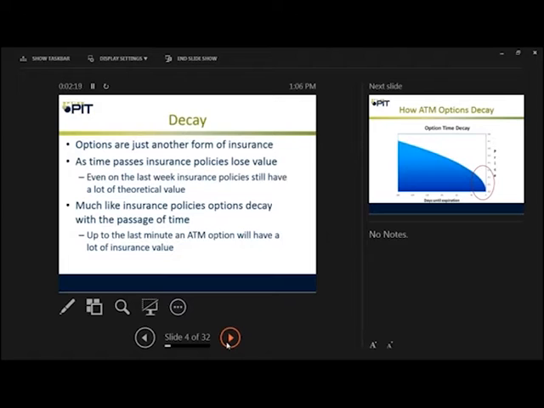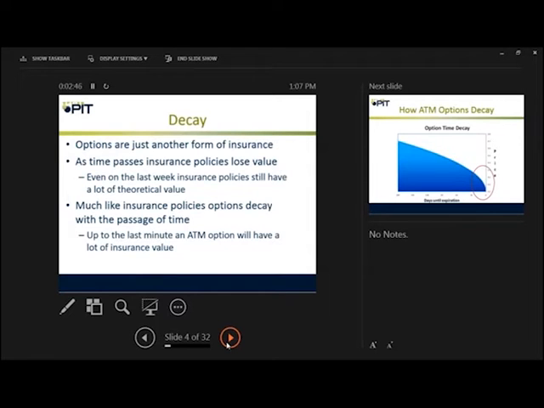Options are just another form of insurance. As time passes, insurance policies lose value. Even in the last week, insurance policies still have some theoretical value because they're insuring against an accident. Much like insurance policies, options decay with the passage of time. Up to the last minute, an at-the-money option will have lots of insurance value.